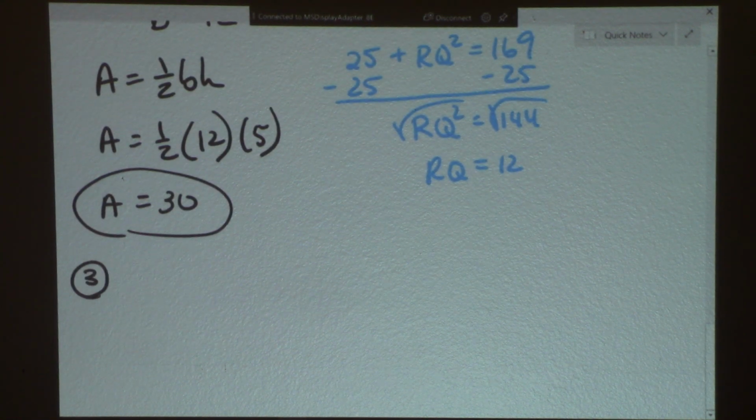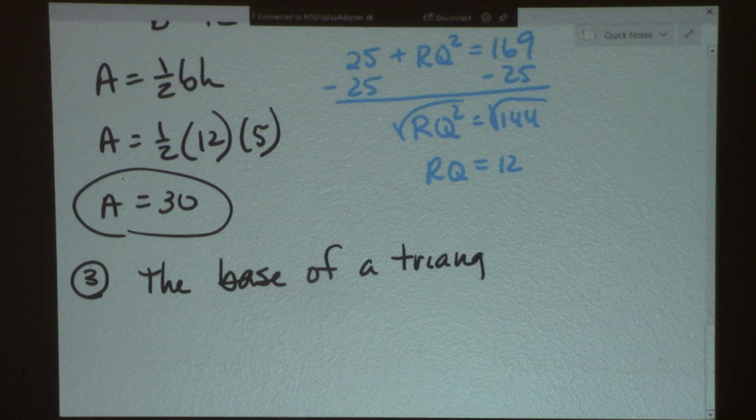So here's number 3. The base of a triangle is twice its height.